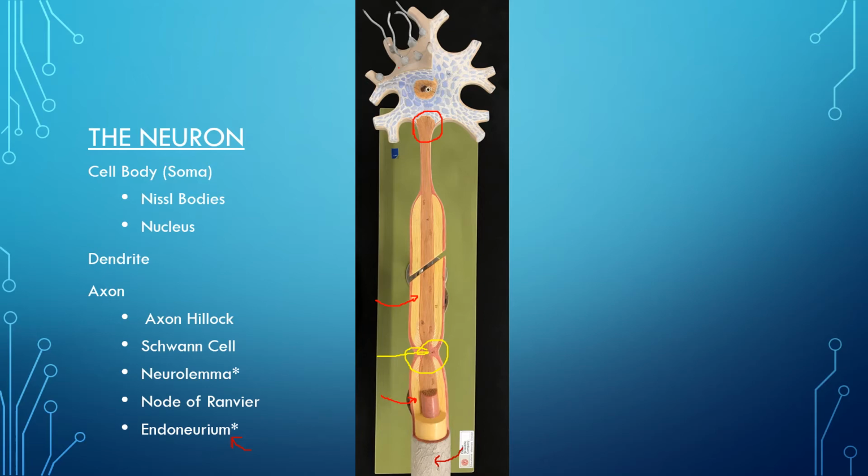It turns out that neurons and nerves have the same kind of arrangement. So since this model represents one neuron, the wrapping that goes around the entire neuron here, or the axon, that's the endoneurium.